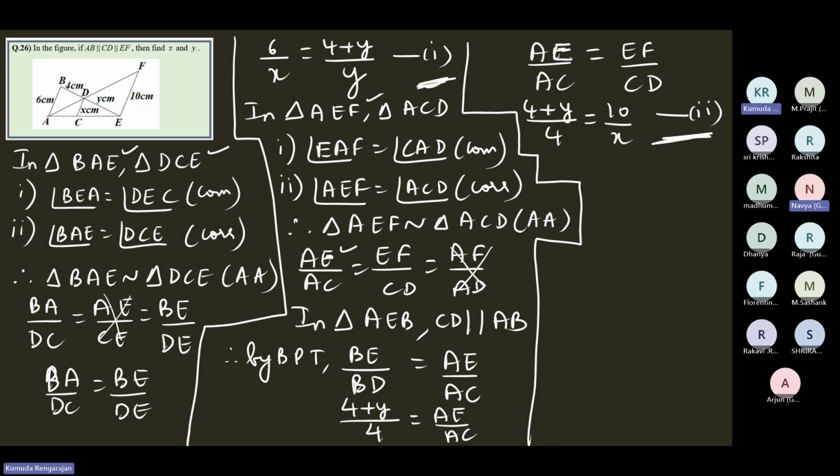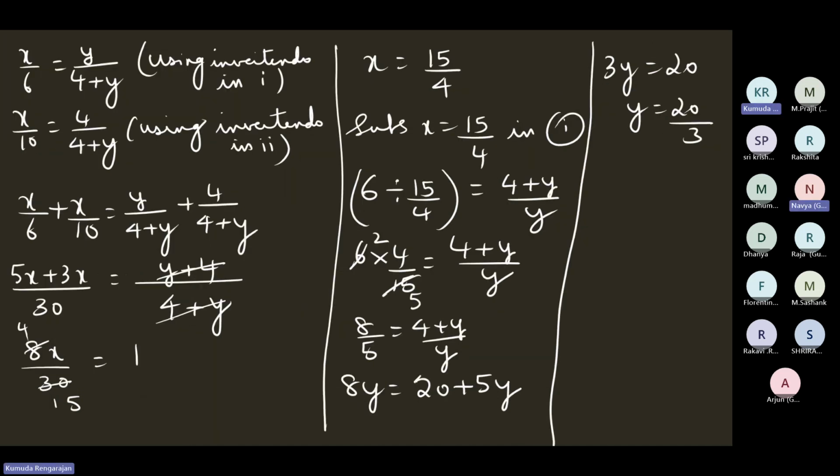But before we add, we need to apply invertendo and then add. Because we have 4 plus y by y and 4 plus y by 4. We wish to have it as y by 4 plus y and 4 by 4 plus y, so that when we take the LCM, it becomes 1. So apply invertendo in 1 and 2, write the new results, then add them. That way you'll be able to find the value of x and substitute to find the value of y.